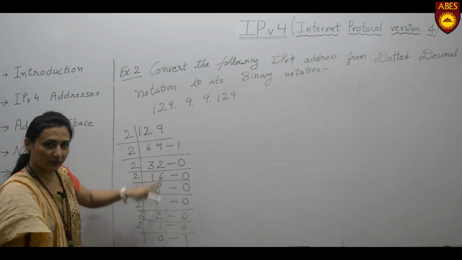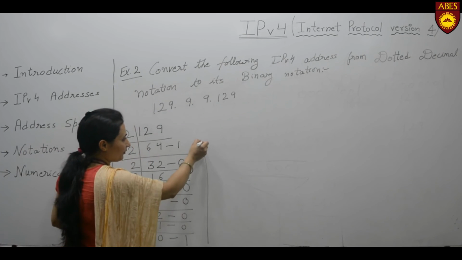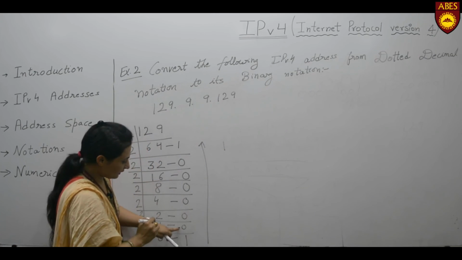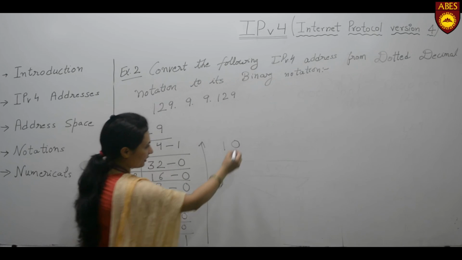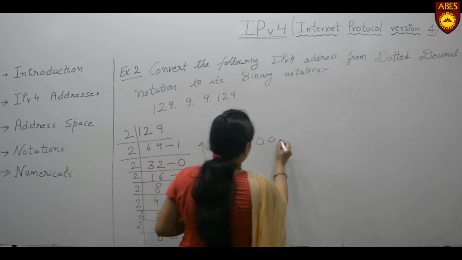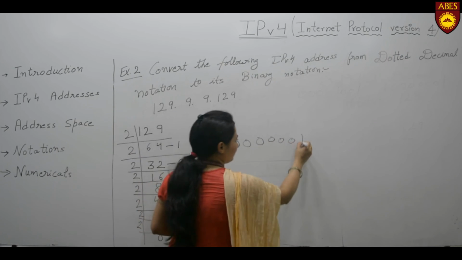And how to take the value of this binary number? We will take it from down to upward. That means this 1 comes here. Then this 0 will come here. Then this 0 will come here and so on from down to up position. And this 1 will become last.